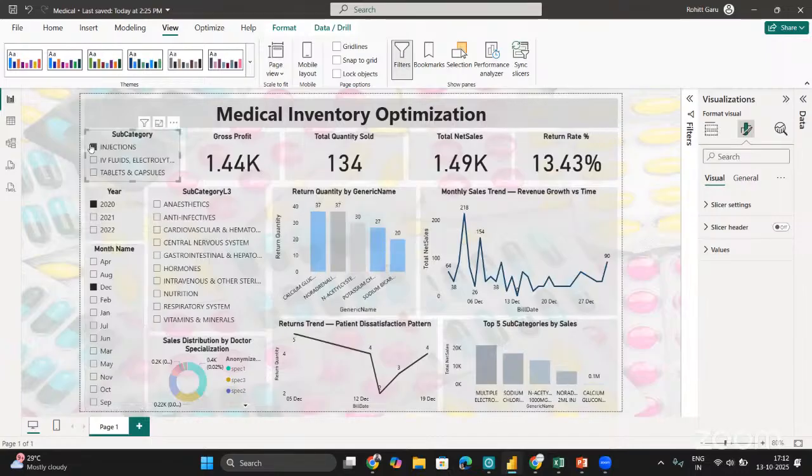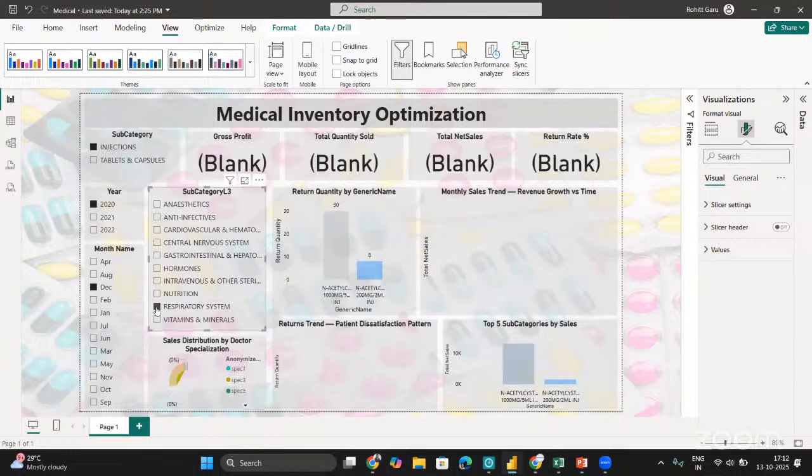In the injection category, respiratory system: in the year 2020, in the December month, we did not sell anything.